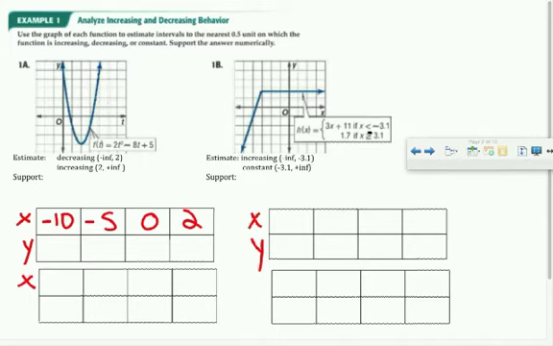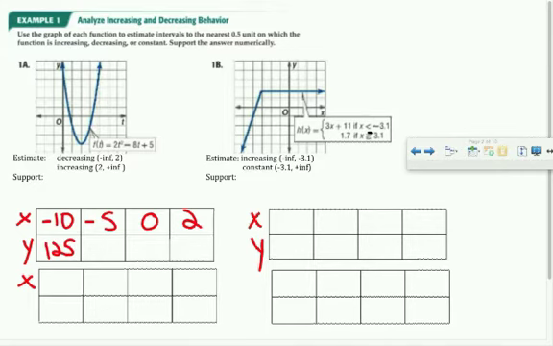So 2 times negative 10 to the second power minus 8 times 10 plus 5 is 125.